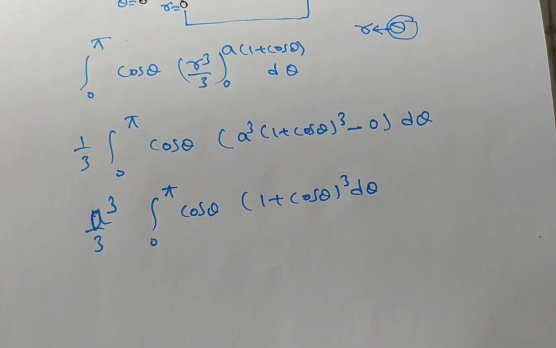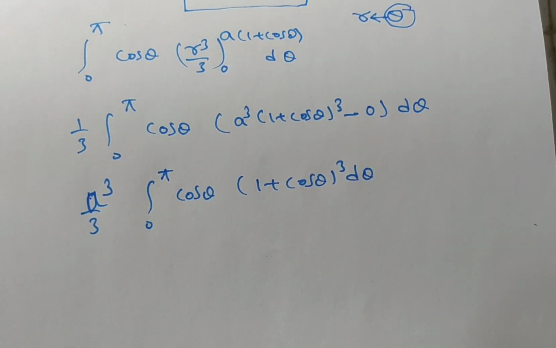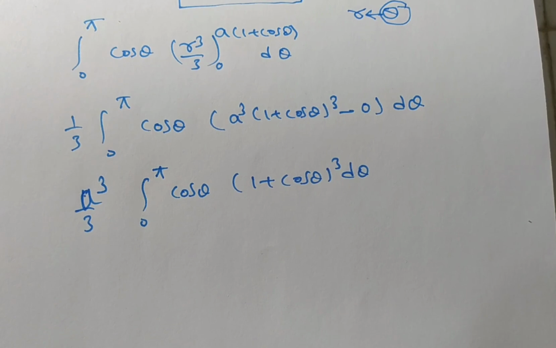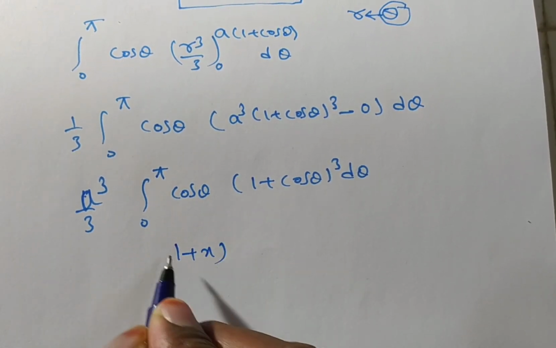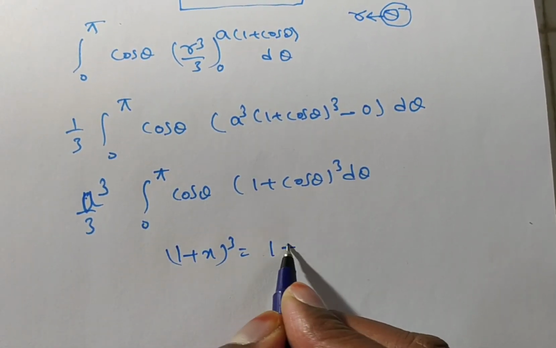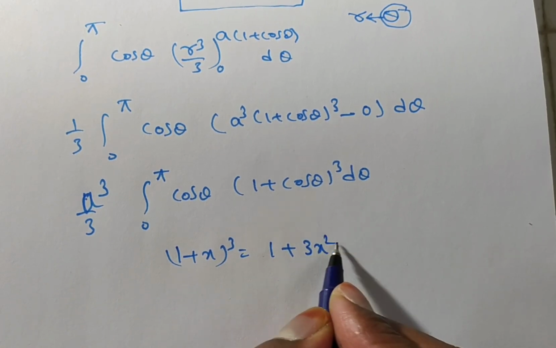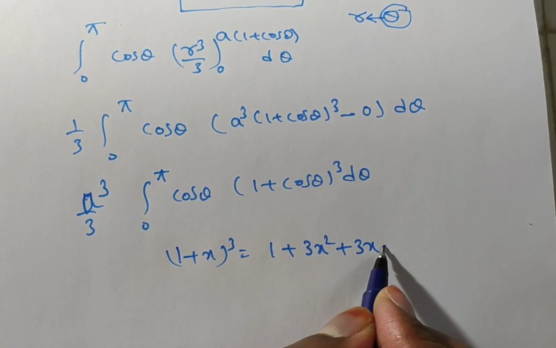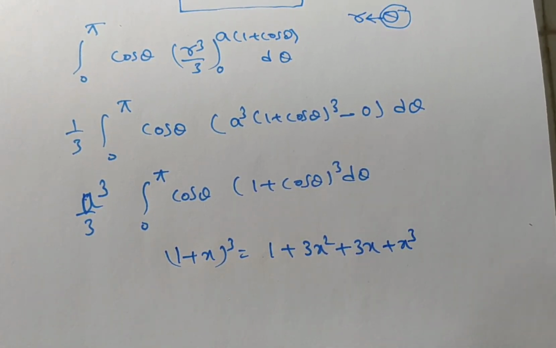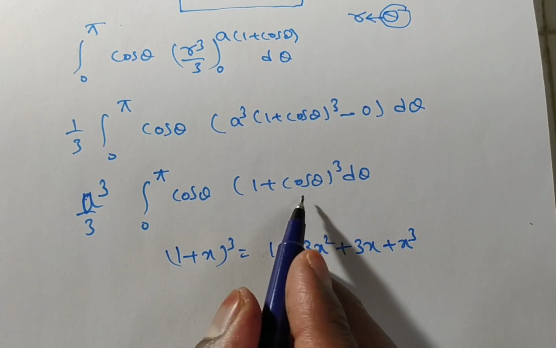Now we have to expand this. How will we expand? Is there any formula for this? Yes, we have a formula. (1 + x) whole cube is equal to 1 + 3x square + 3x + x cube. Okay, of course you can say first x cube + 3x square + 3x + 1, right? Now in place of x what do I have? Cos theta.